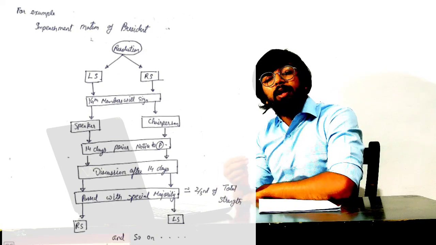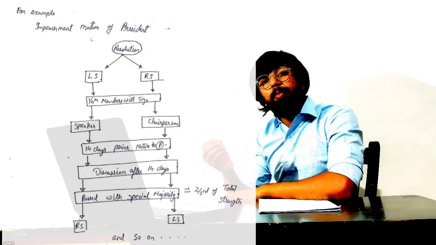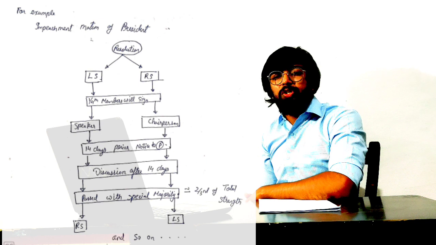Article 61 of the Indian Constitution defines the process of impeachment, and the president can be impeached on two grounds. Right? You can give the grounds as well as the article number 61 in the introduction.